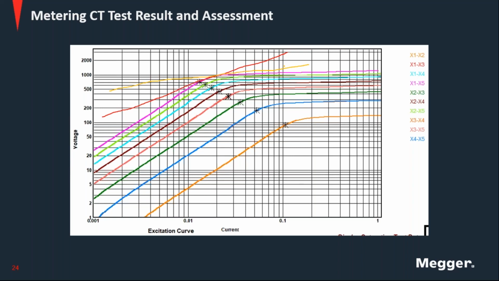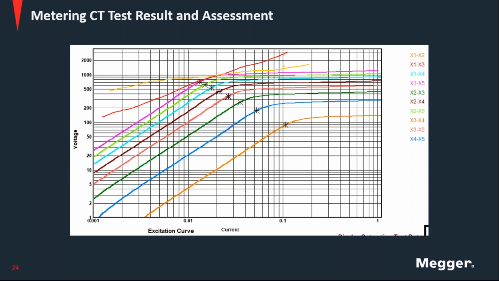For ANSI 30, that means using a line at 30 degrees and touching the curve. The difference is that the 45 is used for CTs with non-gapped cores, and the 30 is used for CTs with gap cores. And how do we know if it's right? Well, we need to know what type of CT we are testing.